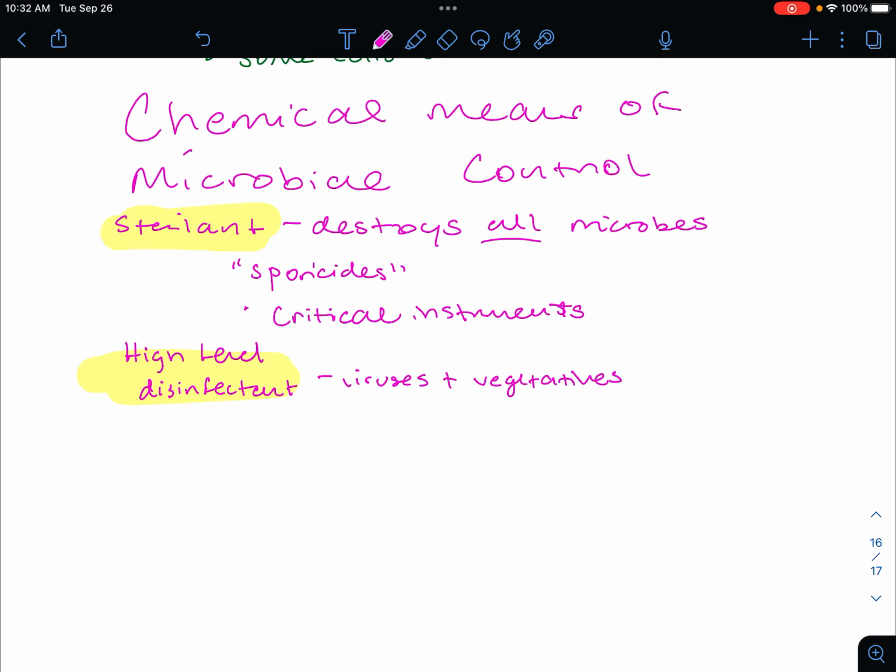So a vegetative cell is one that is able to be metabolically active as well as divide. It's different from our endospores, which would be gotten rid of by the sterilant. The disinfectant only works on the metabolically active cells. And these are used on semi-critical instruments.